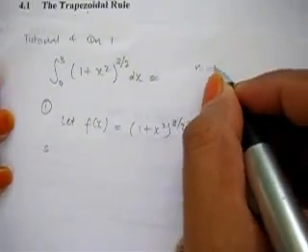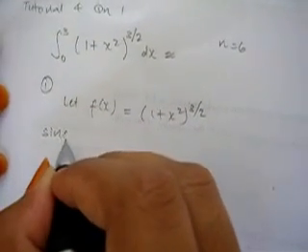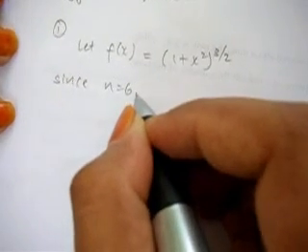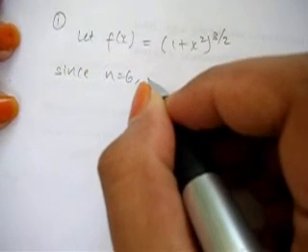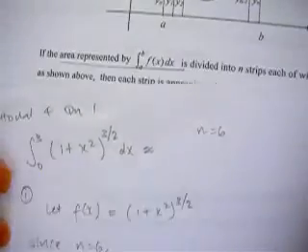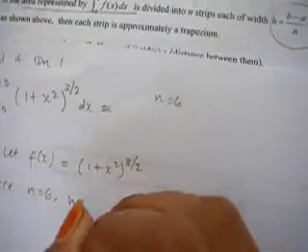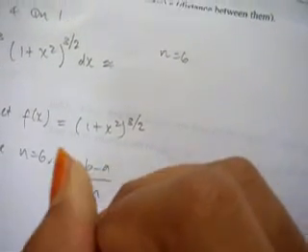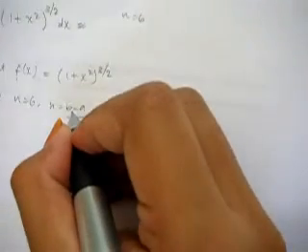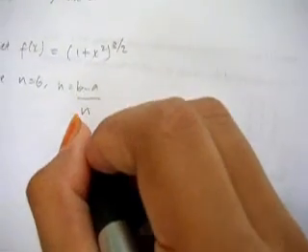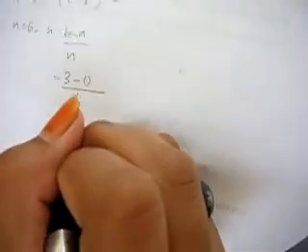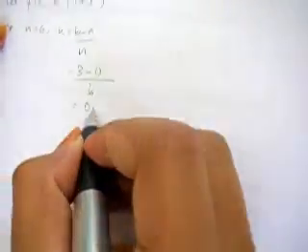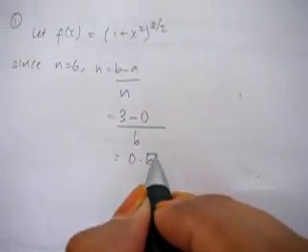And since n is given to be 6, we can find h by using the formula given here. h equals (b minus a) over n. b, we know, is 3. a is given as 0. n is also given, which is 6. So we get h as 0.5.